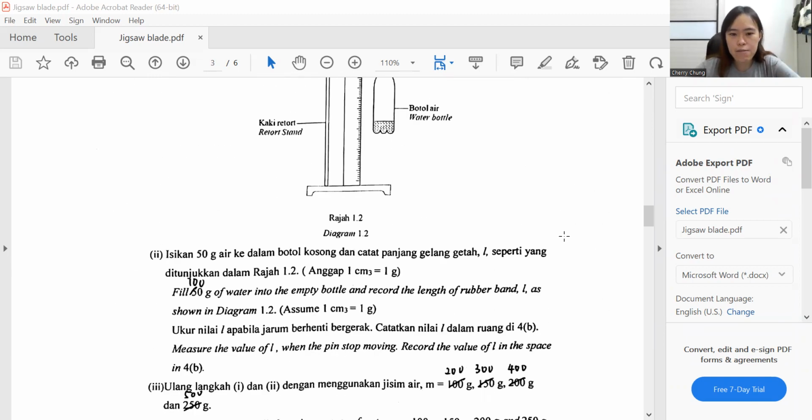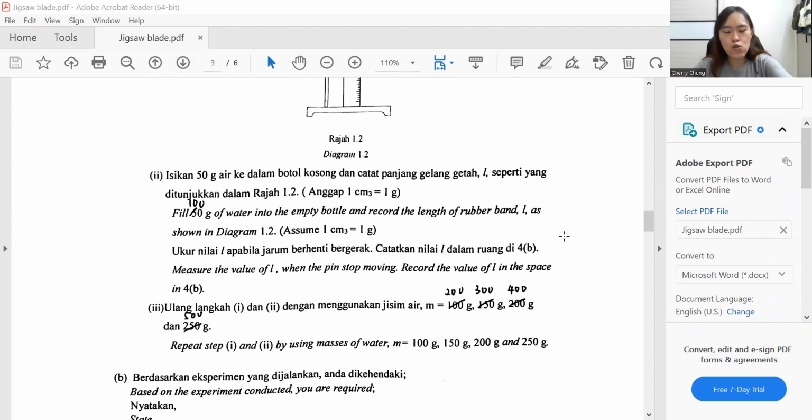Okay, from here, they ask you to fill up 100 grams of water into the empty bottle and record the length of the rubber band. From this part, you are able to identify which one is your MV and which one is your RV. If you read carefully, you will realize that the one they have given you the value for, the mass of the water, is the manipulated variable.